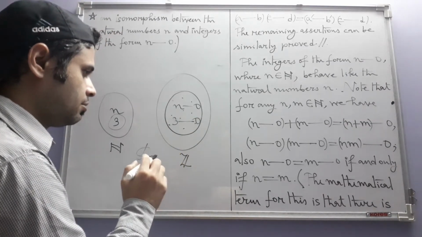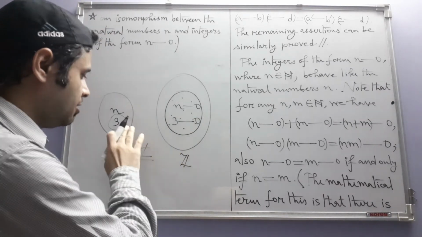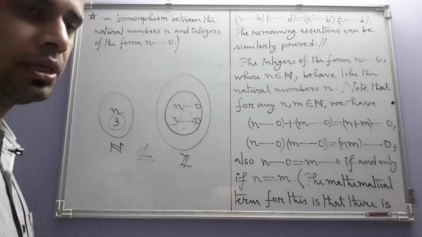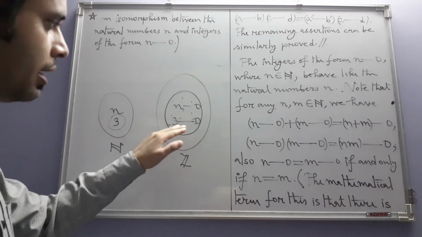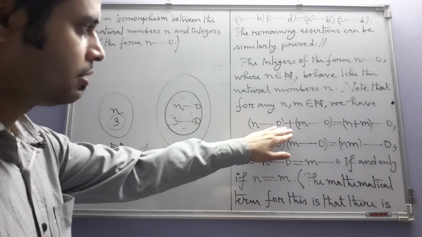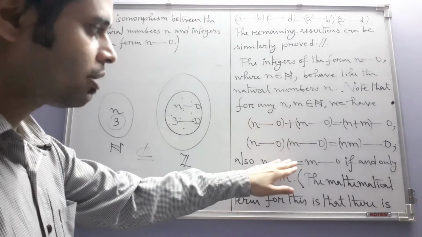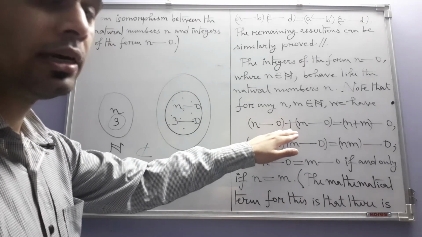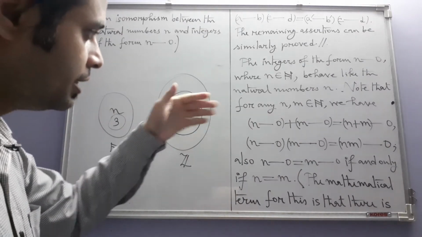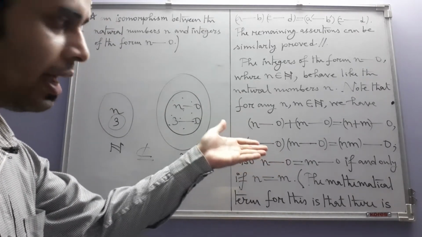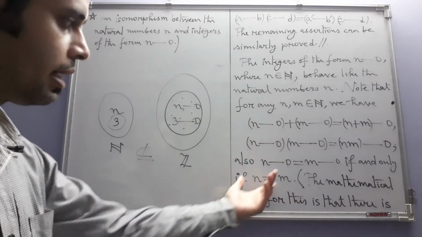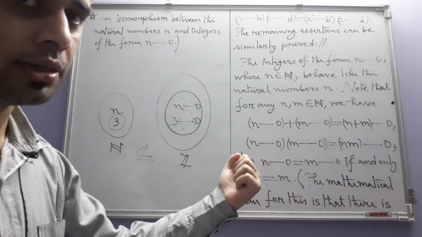But it's not just any whimsical association that we are making here. We are observing that this association does not affect ordinary addition and multiplication of natural numbers in this sense, as if we are working with natural numbers. Okay, and also it does not affect equality.